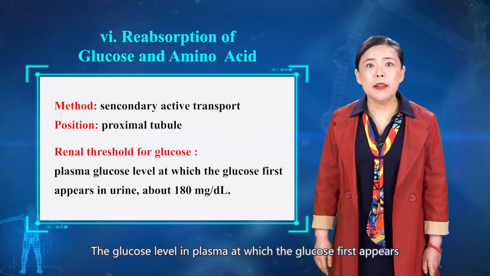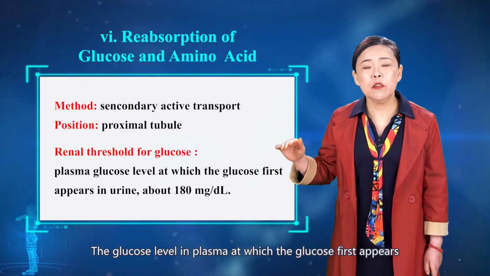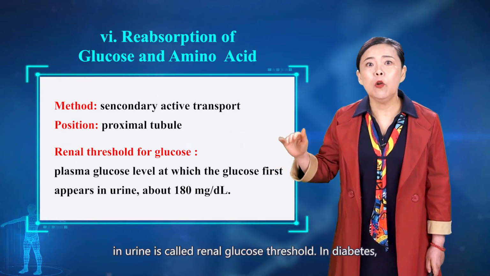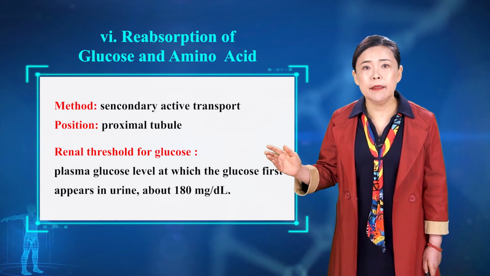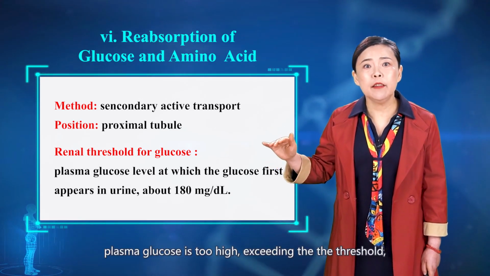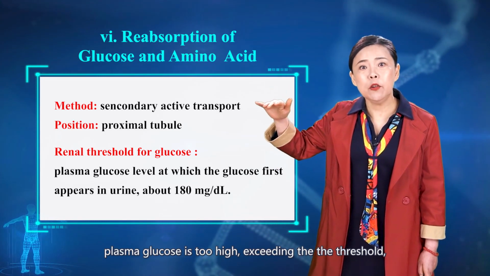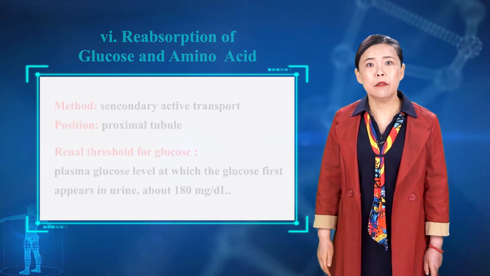The plasma glucose level at which glucose first appears in the urine is called the renal glucose threshold. In diabetes, plasma glucose is too high, exceeding the threshold, so glucose appears in urine.